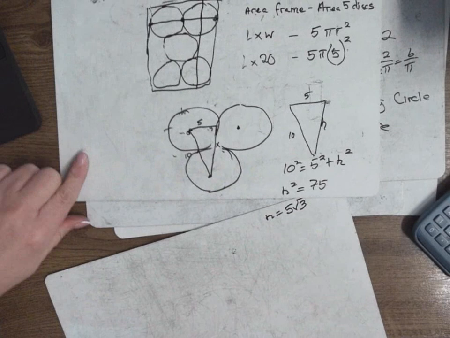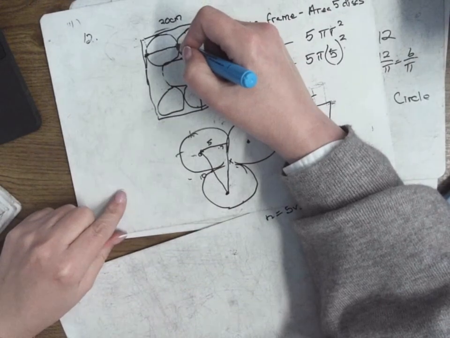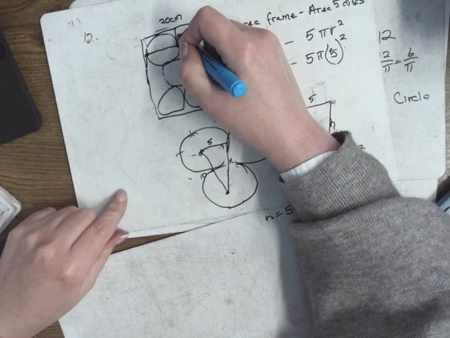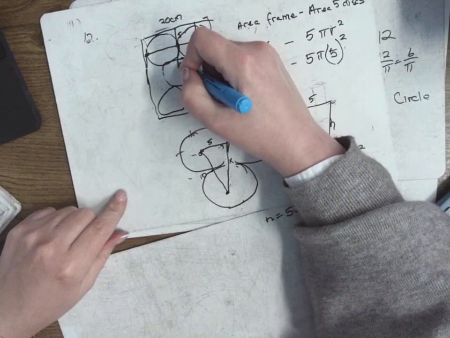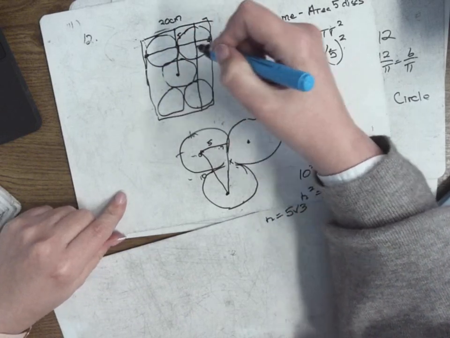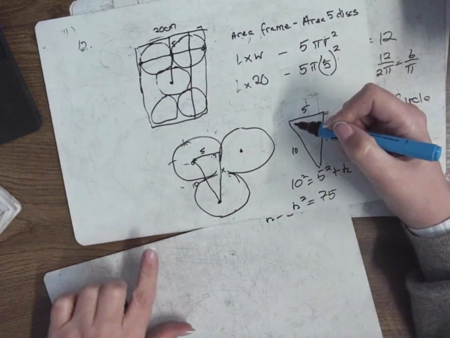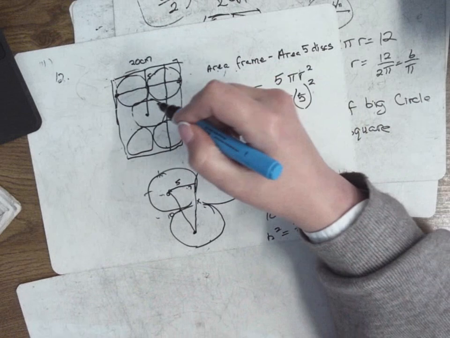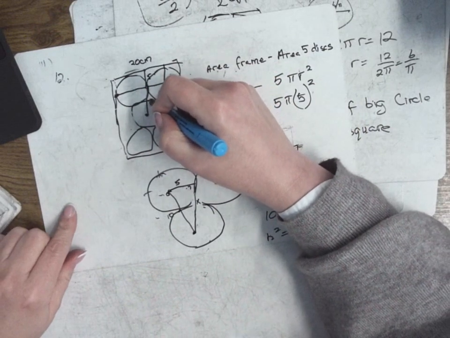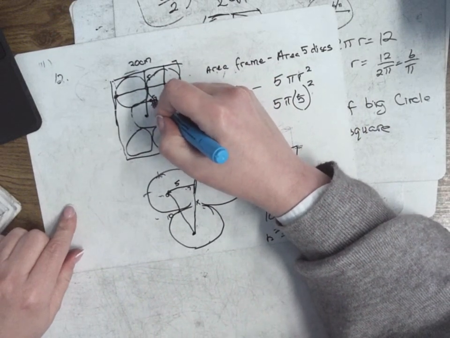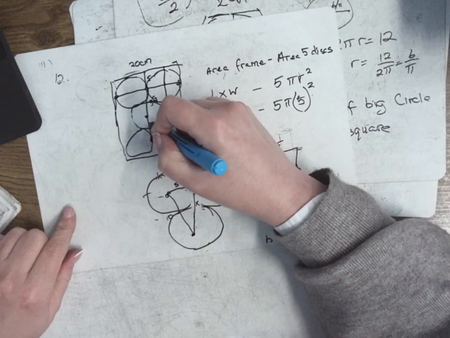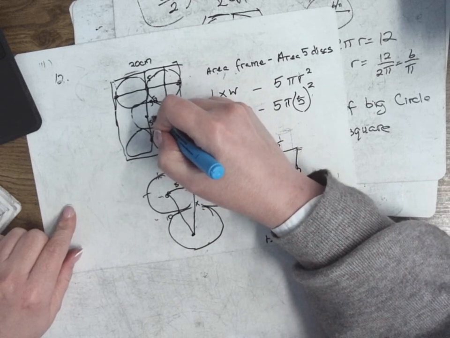Okay, so back to my diagram up here. This is a radii, would you agree? So that would be 5, right? This is the height I just got there, which is, what did I say it was? 5 root 3. Then I have the mirror image down here, so from here down to there is also 5 root 3.